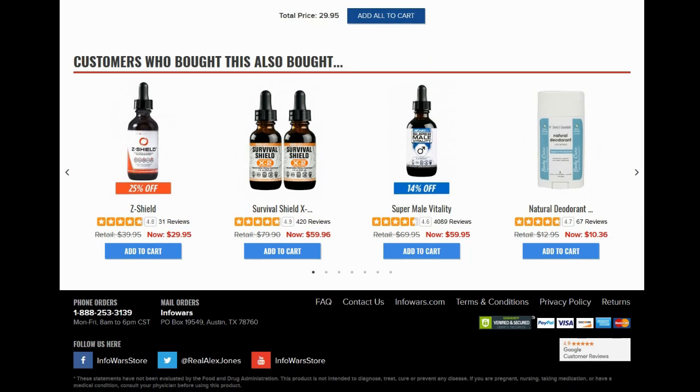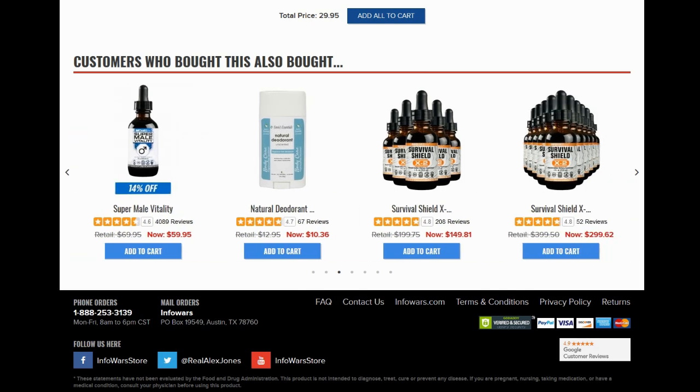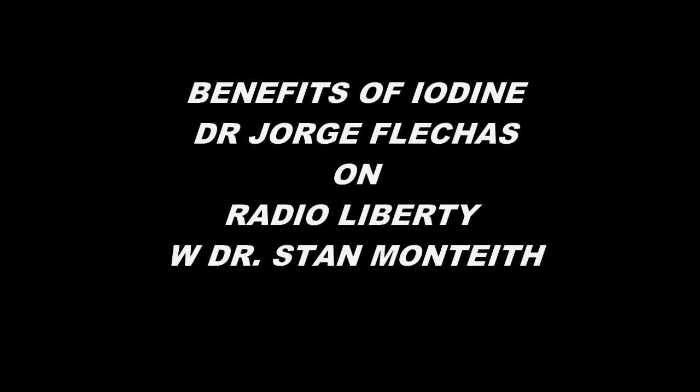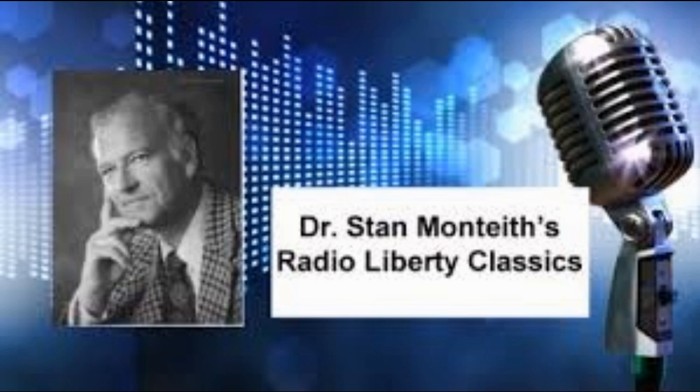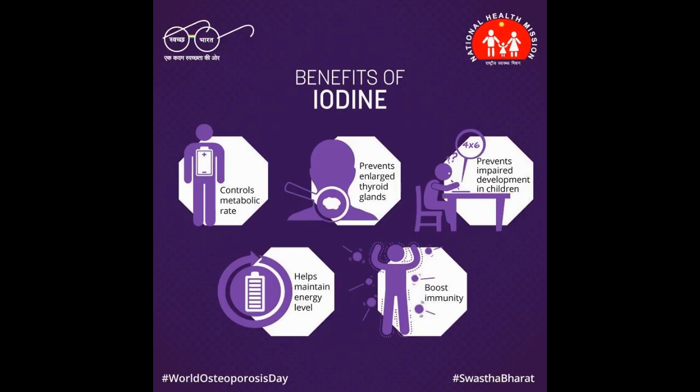One thing that we've discovered too is that there's different types of iodine. There is iodine versus iodide. Iodide is the salt of the iodine, and we find that there are different tissues that can absorb different forms of iodine, such as the stomach prefers iodine, and in fact iodine can be transferred straight into the bloodstream at the level of the stomach, and the thyroid prefers iodide, the salt.